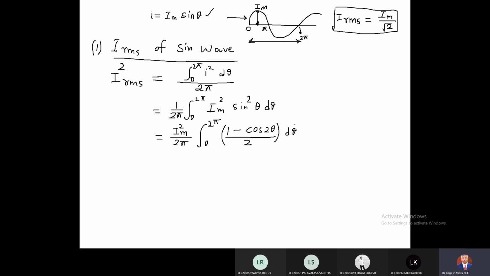Now this 2 in the denominator is also a constant, so I will take it out of the integral.